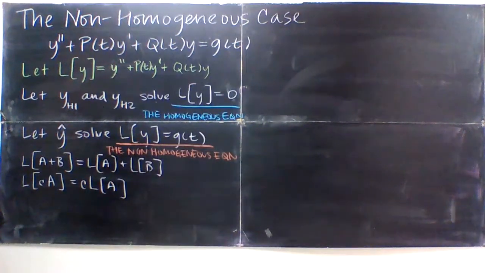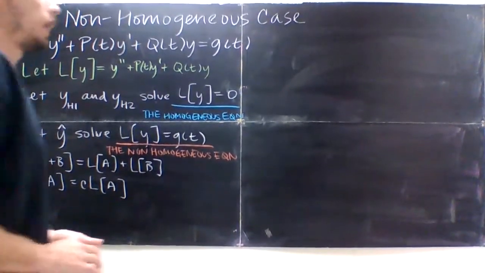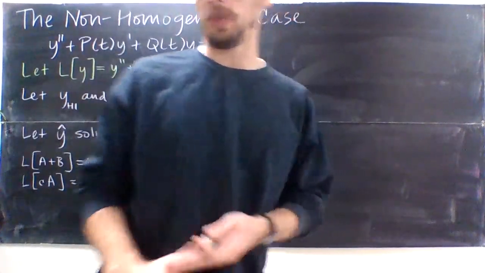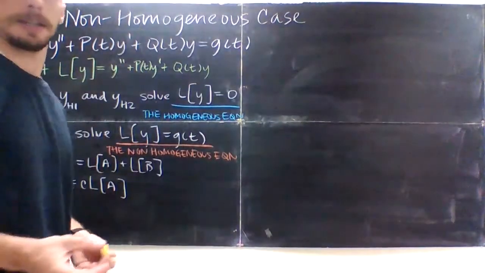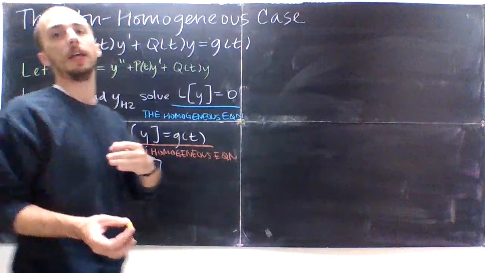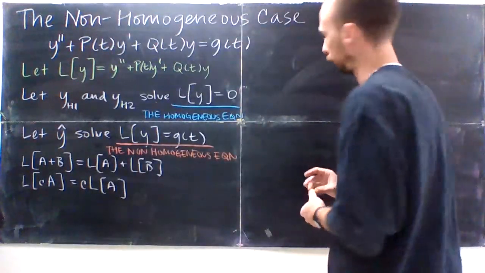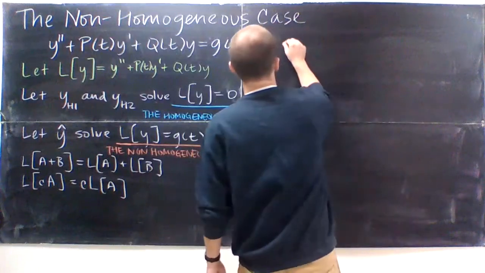And I don't think that was necessary at all, actually, now that I think about it, so I'm just going to work over here. I'm going to say, suppose there was a second solution to the non-homogeneous equation that was linearly independent from the first. That wasn't just some kind of constant multiple of the first. Okay.